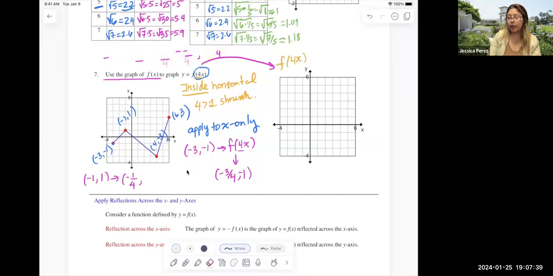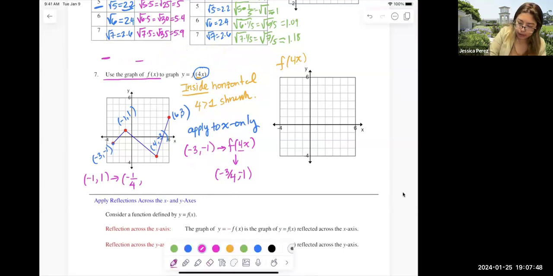So going back up here, now we have -1 equals 4x. Divide both sides by 4. I'm solving for x. Now x gives me -1/4. So it's -1/4, 1. So we're going to keep that.